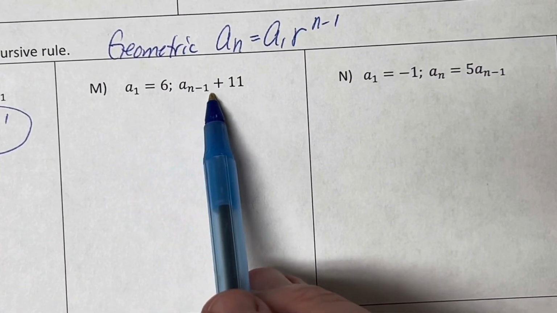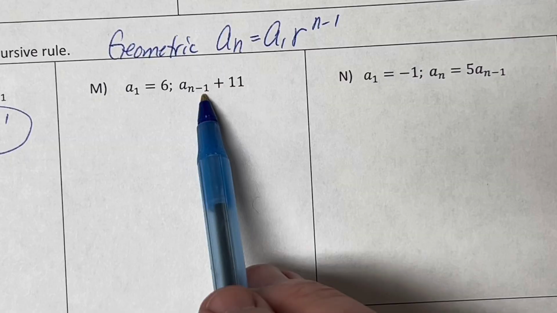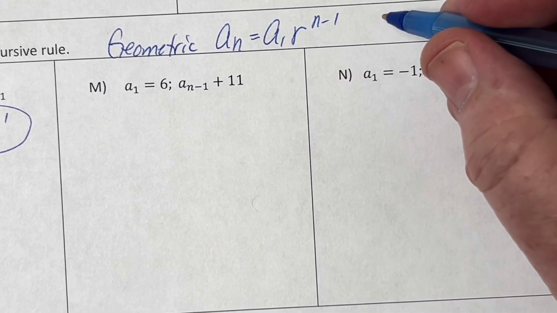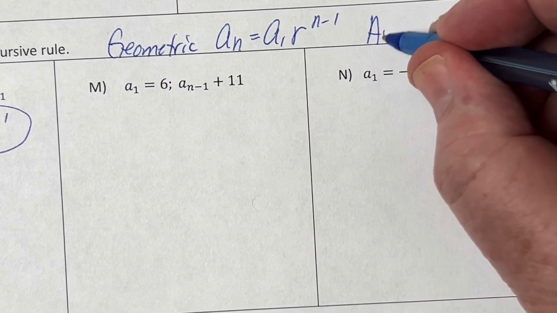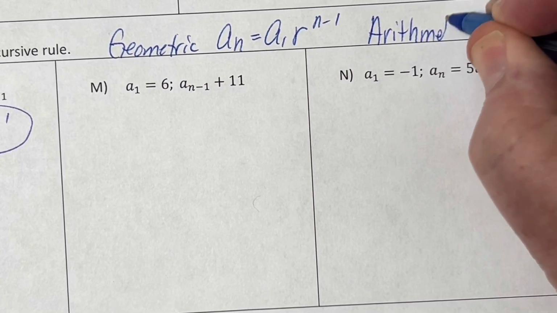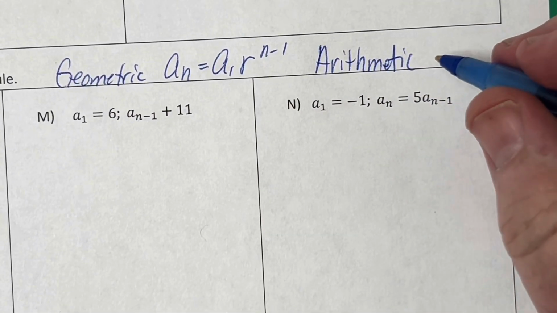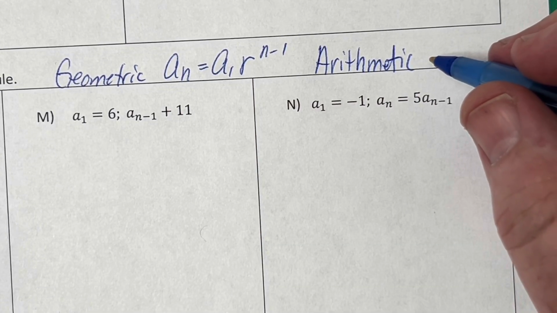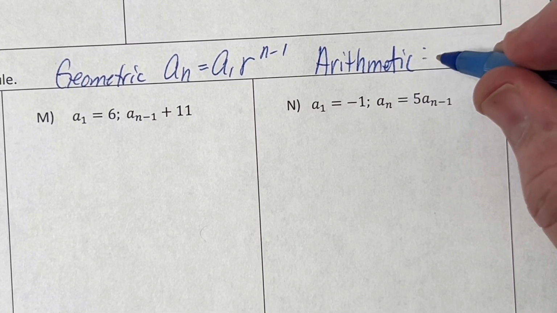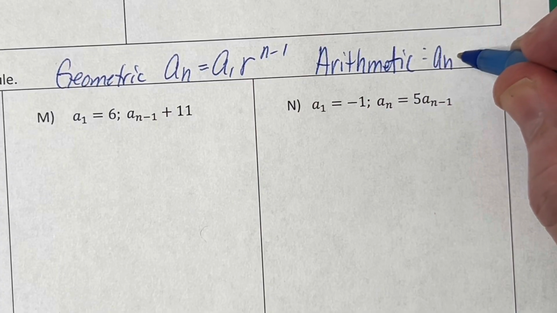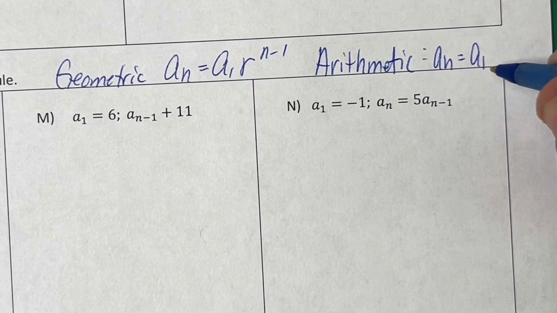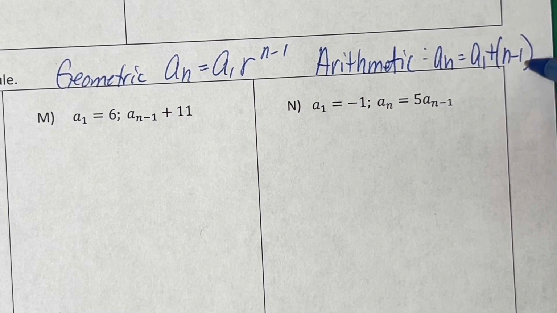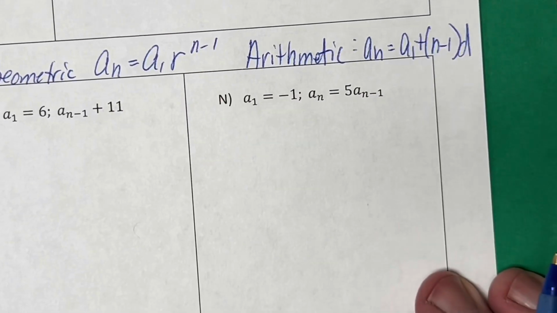All right, M, we can see that it is arithmetic because the previous term is being added. 11 is being added there. So it's arithmetic. And the arithmetic explicit formula is a_n equals a_1 plus (n minus 1) times d.